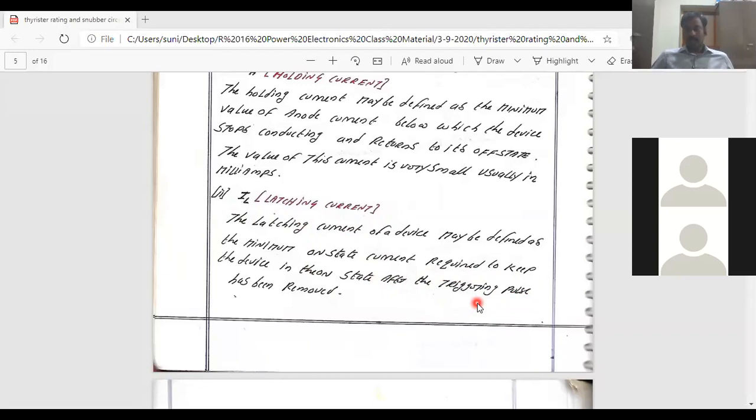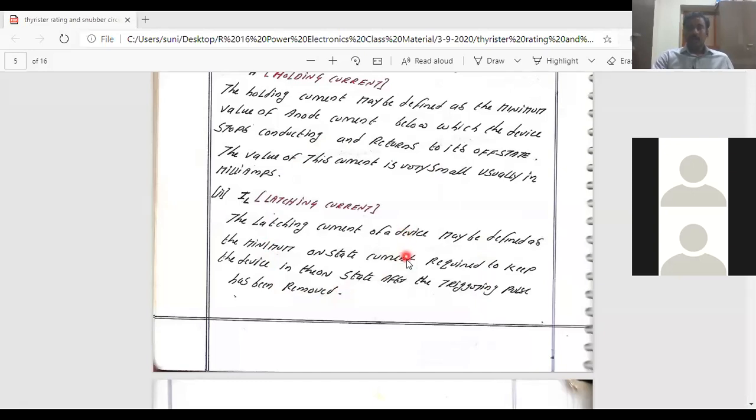When the SCR is provided with gate triggering and there are fluctuations in the circuit, the device comes to conduction initially, but as soon as the gate signal is removed, the device may reverse or latch back to the blocking state.